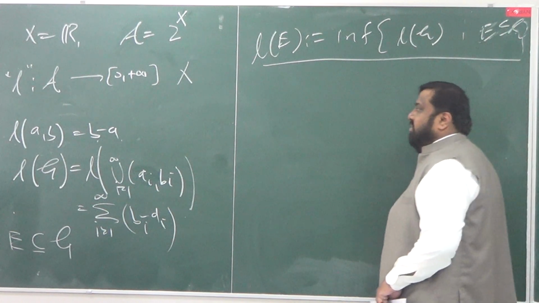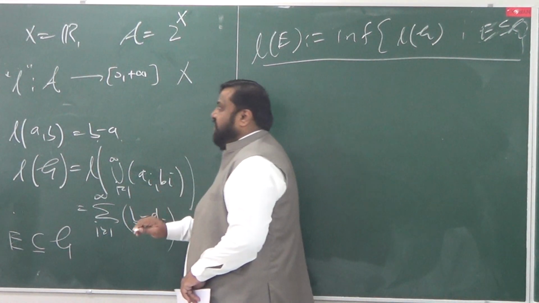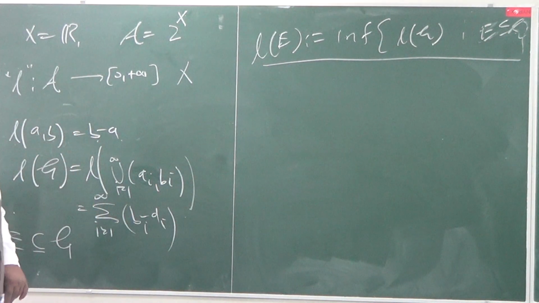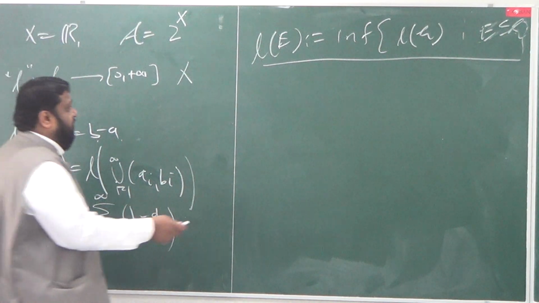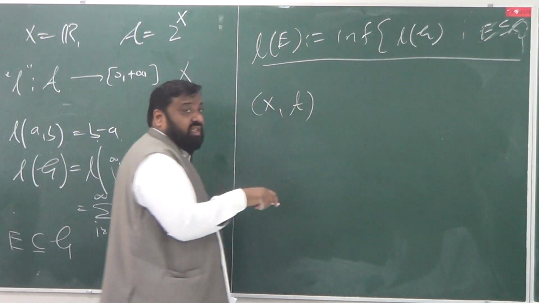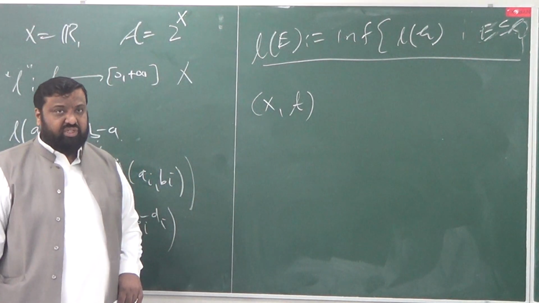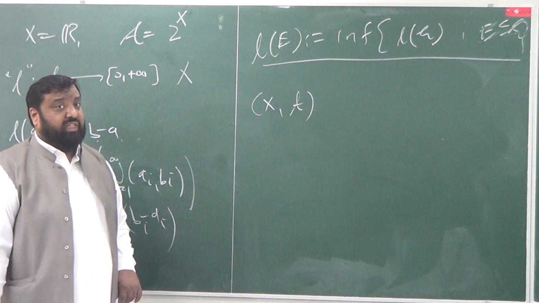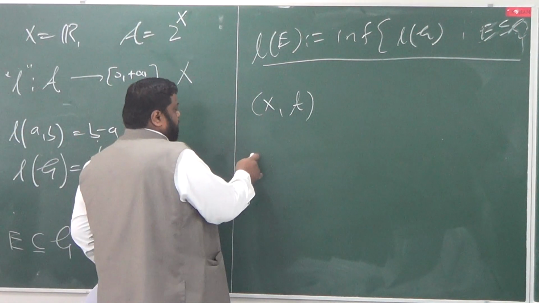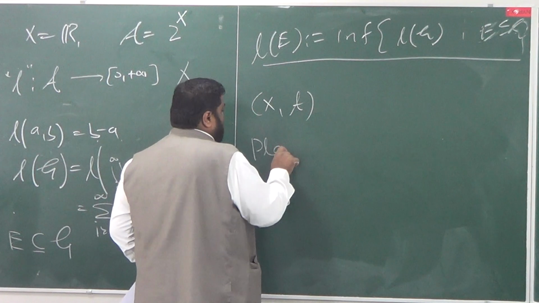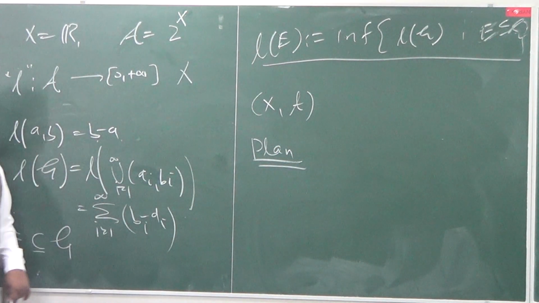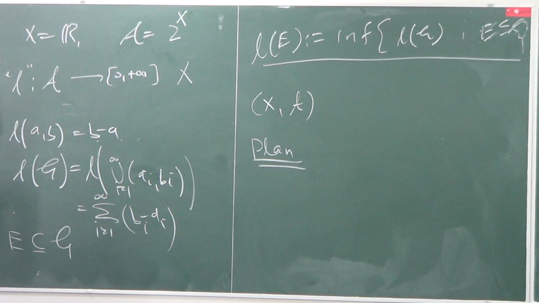Then how do we construct a measure on it, and maybe on an abstract space? If I have, for example, X and A, how can I construct a measure on such an abstract space? The trick is this, and this is a plan suggested by Caratheodory.